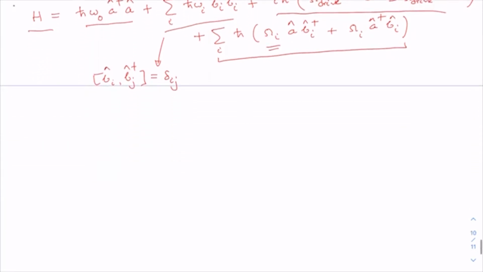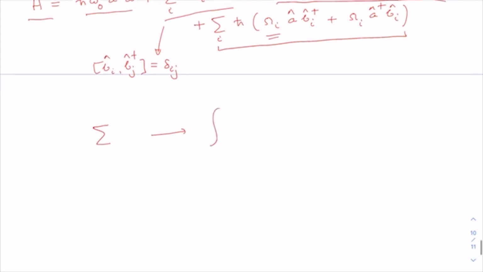Now let us go over to the continuum limit, because ultimately these bath oscillators are infinite in number. So when we go over to the continuum limit, this summation sign is going to be replaced by an integral.